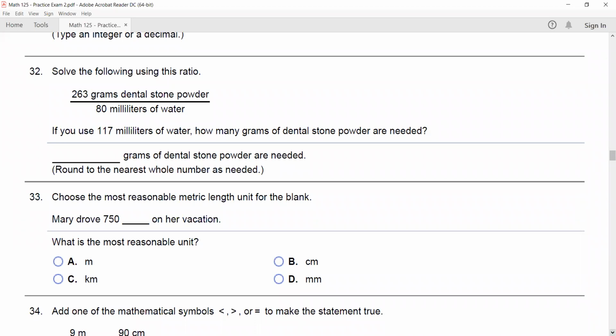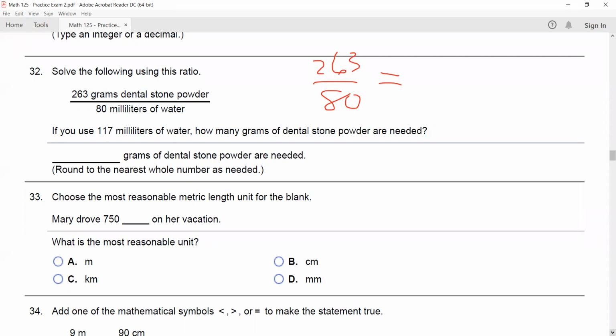Let's get into it. We have 263 divided by 80. Now, I know that my 80 at the bottom is the ml of water, right?